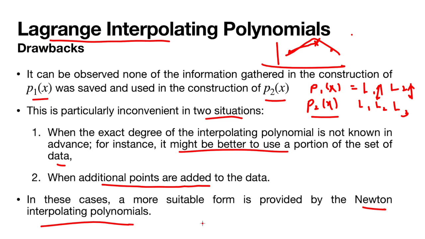The Newton interpolating method uses our previous calculations, so every point we add, every increase in complexity, is calculated on top of the earlier calculations. We don't have to work from scratch as we have to do with the Lagrange interpolating polynomials.